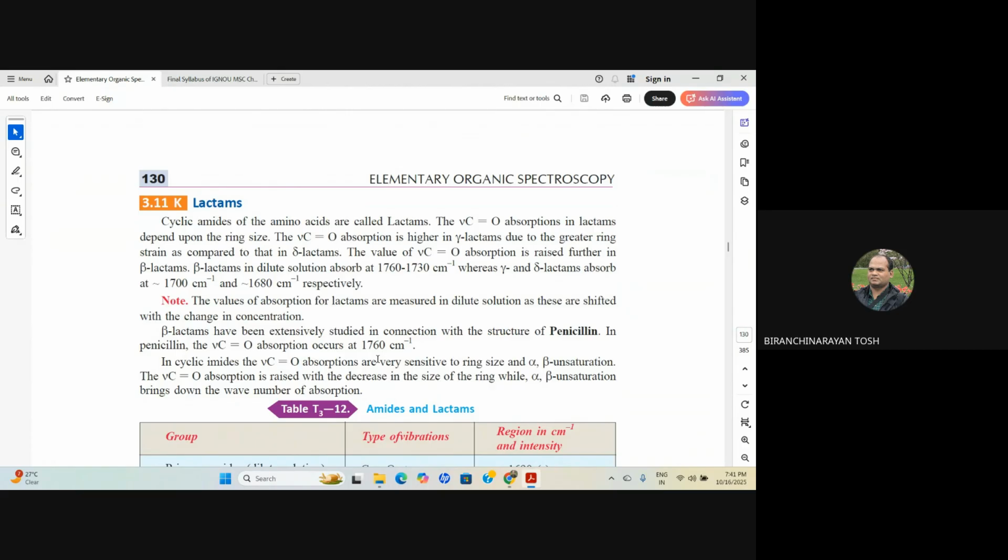And the exact functional groups you will know from NMR. In proton NMR, you will get the number of protons, the number of hydrogen atoms, and whether they are attached to oxygen or nitrogen, whatever may be.